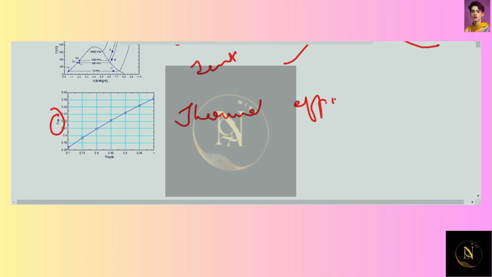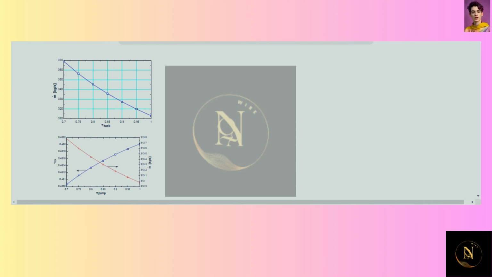So as the turbine efficiency increases, there is an increase in the thermal efficiency also. That is related to each other somehow. Now we have the mass and the relative turbine efficiency here, and you will see that as the turbine efficiency is increasing, there is a decrease in the mass.